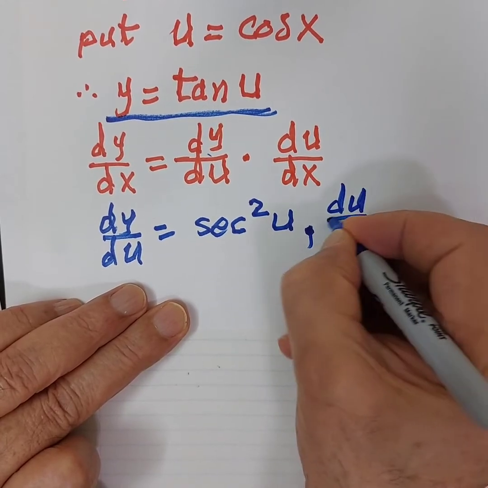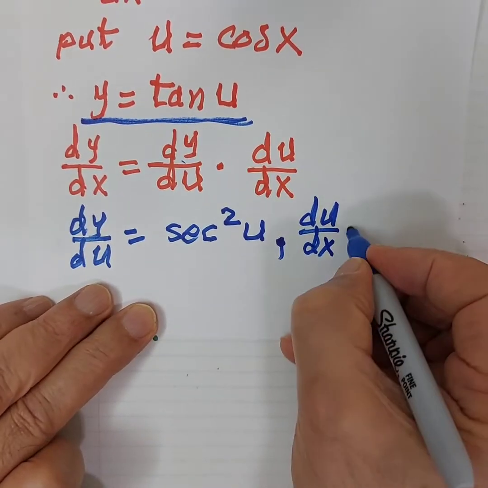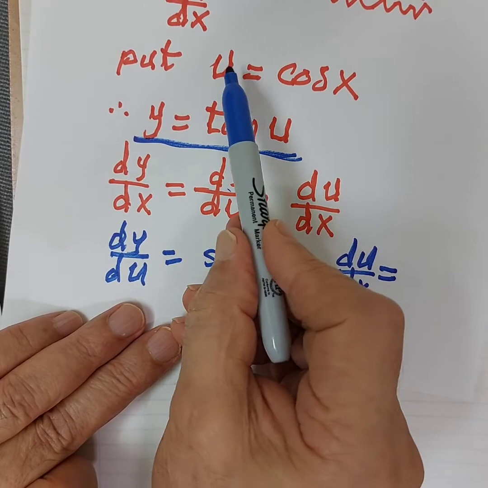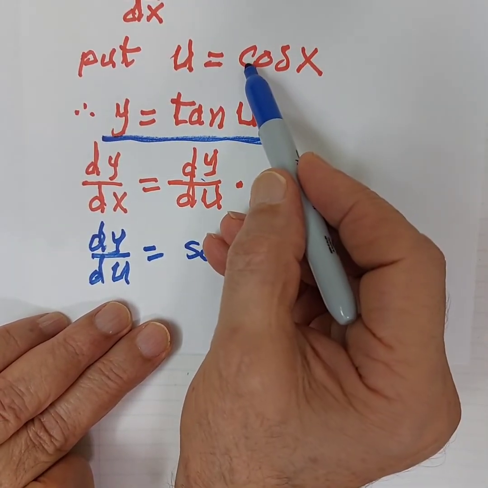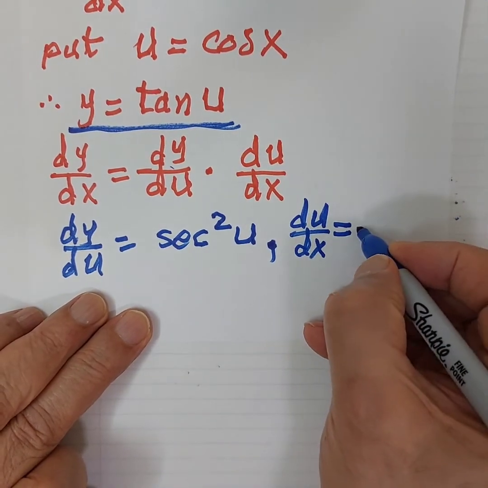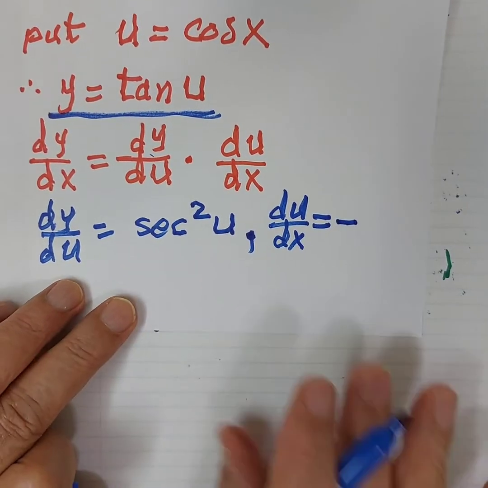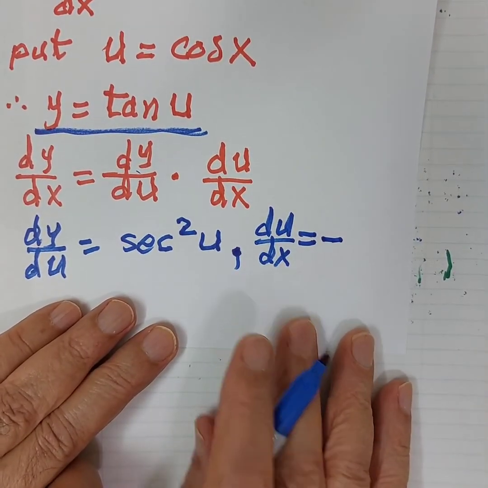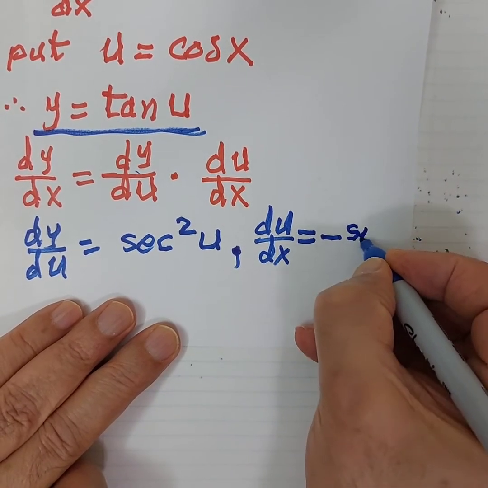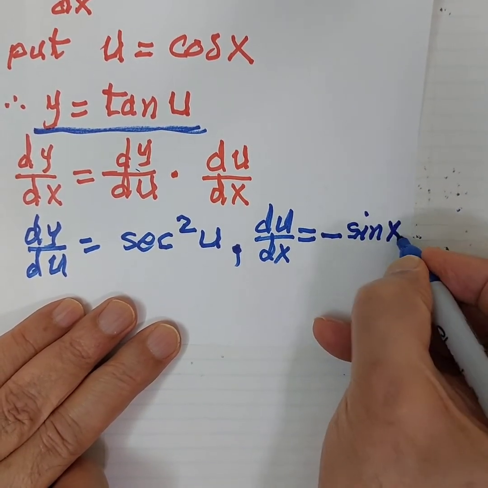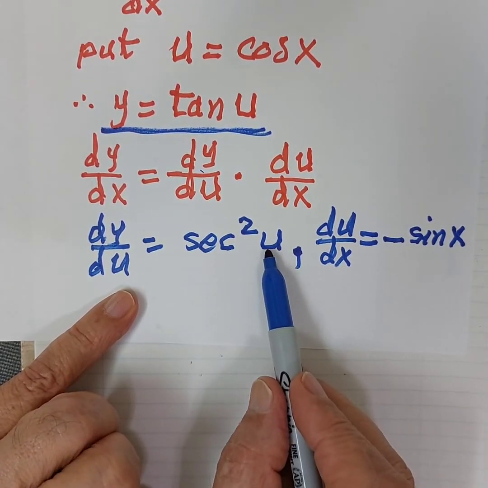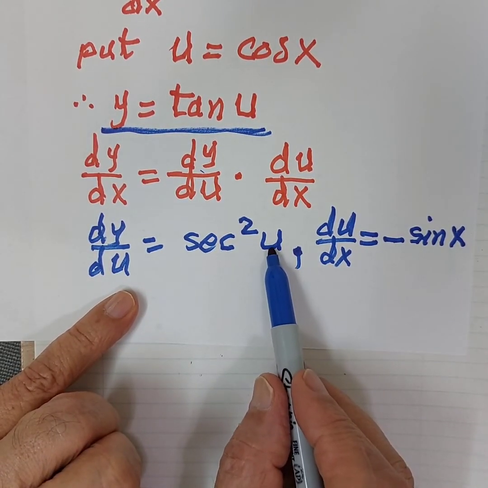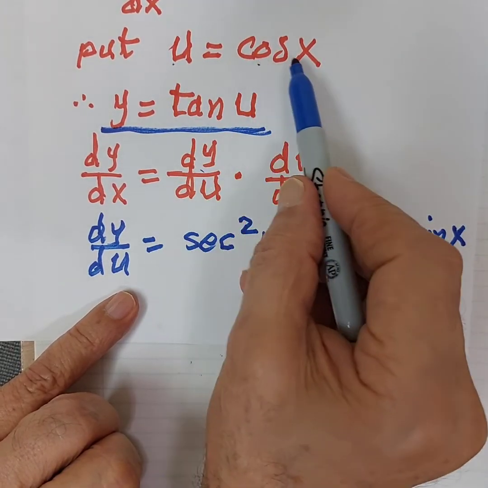Here's u. What's the derivative of cosine? Cosine starts with letter C. As we said, the derivative will have minus. Minus what? Minus sine x. Then we multiply these two answers together, and again we make substituting u is cosine x.